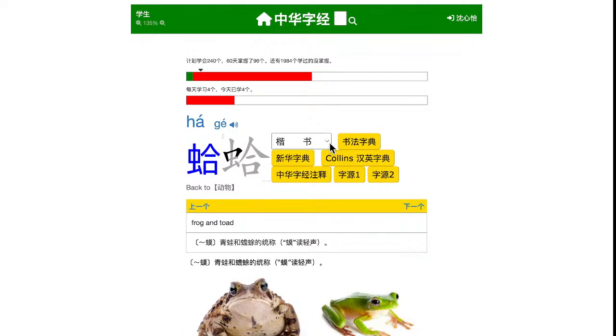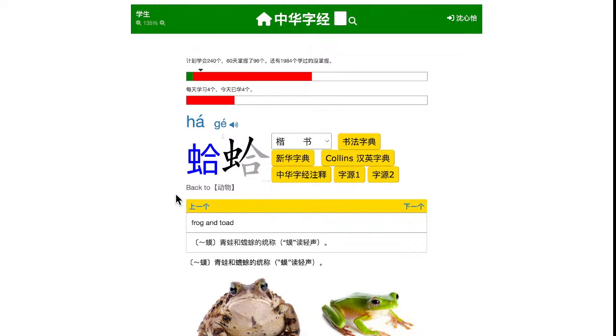蛤. This is one of those words referring to animals, but this one refers to a few animals, not a single one.